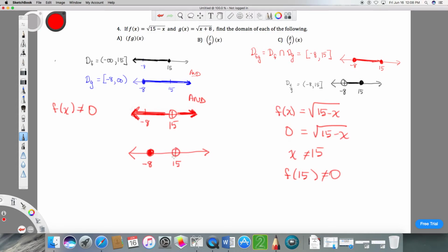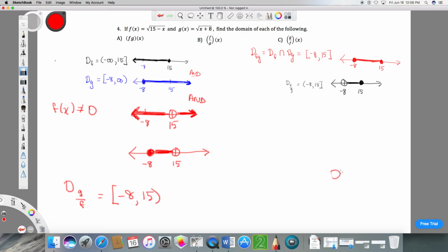To be in the intersection, you have to be in all three sets, and it's only the portion here in the middle that's in all three sets. To the left of -8, here is missing, and to the right of 15 in the very top set there, it's missing. So our domain of this function g over f includes the endpoint -8 all the way up to 15, excluding 15.